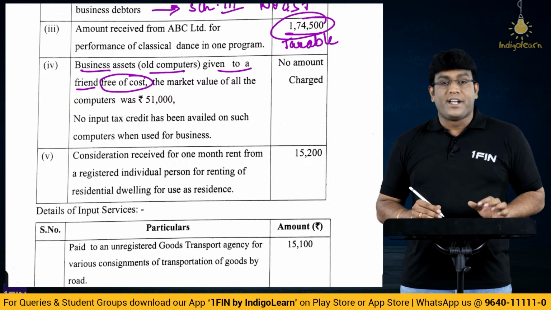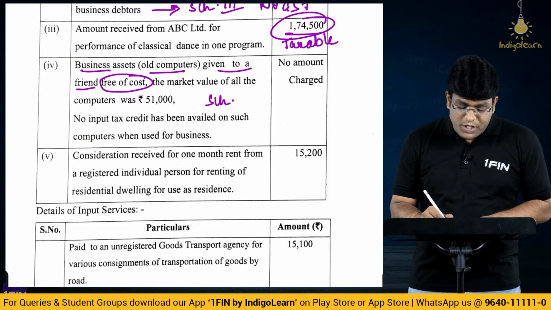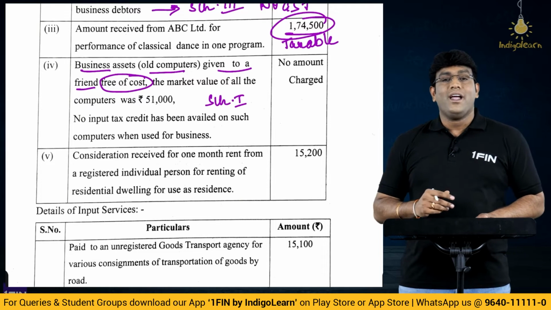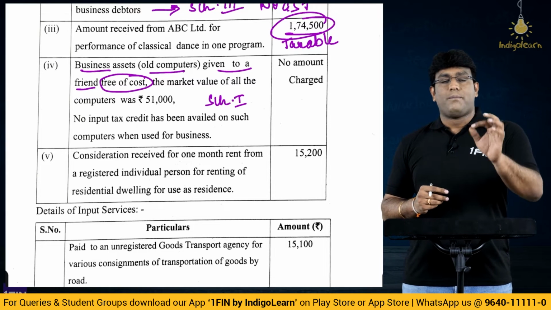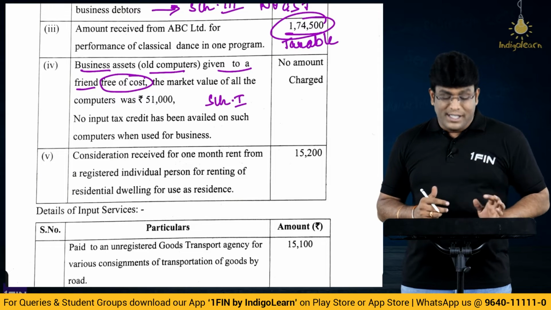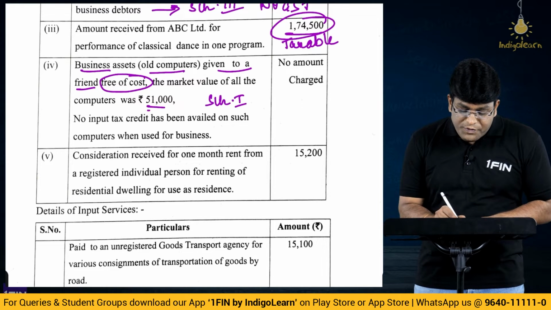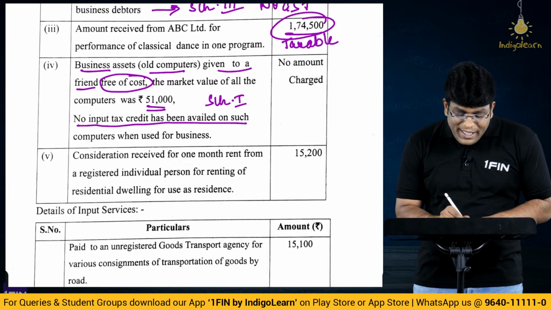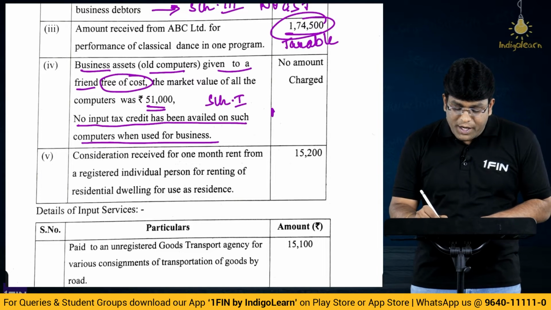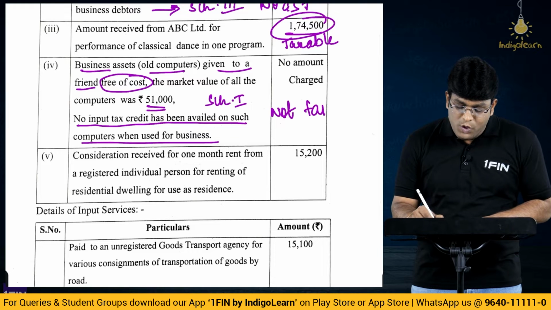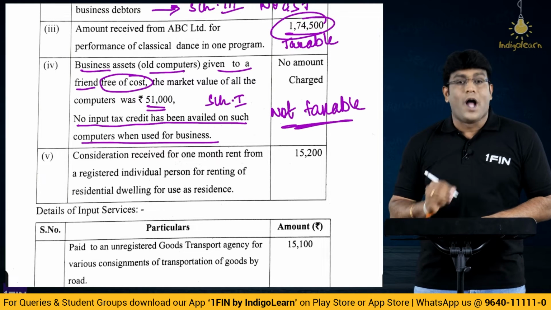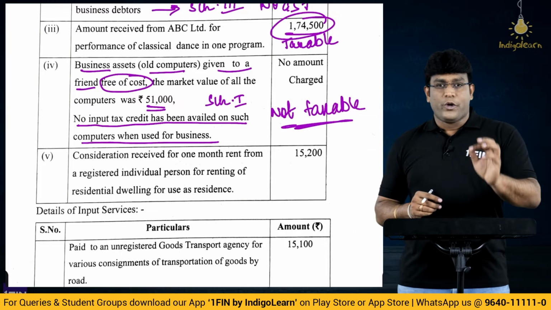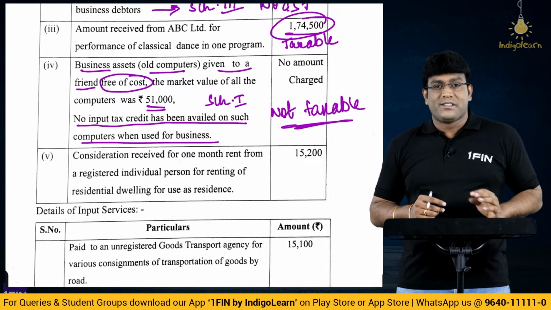That means there is no consideration, and we know that no consideration concept is given in Schedule 1. Permanent transfer or disposal of business assets on which ITC is claimed, and the market value was 51,000. But the problem in the question is no ITC has been availed on such computer. What will happen, my dear friends? If no ITC is availed, it will not be taxable. I am sure you would have struck this point in the exam, friends. Next point.